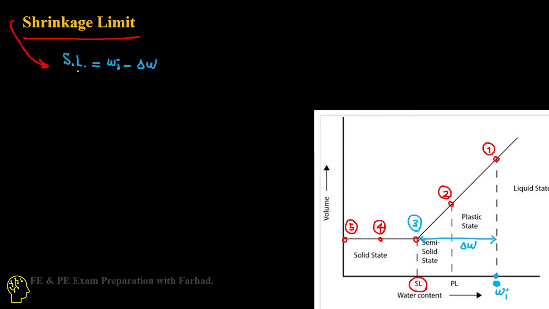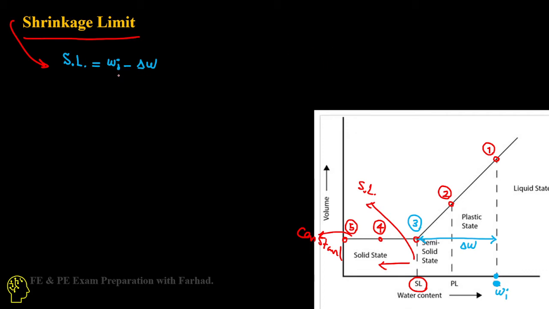So SL, if we call this point shrinkage limit, because by drying it, losing more moisture content, there is no further reduction in volume. So volume remains constant from point B forever.